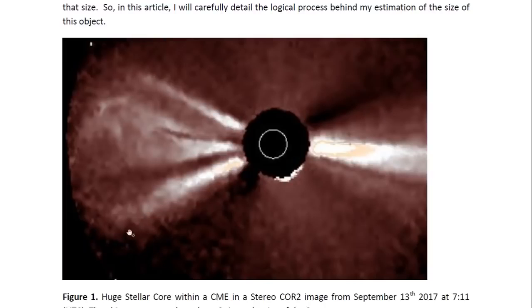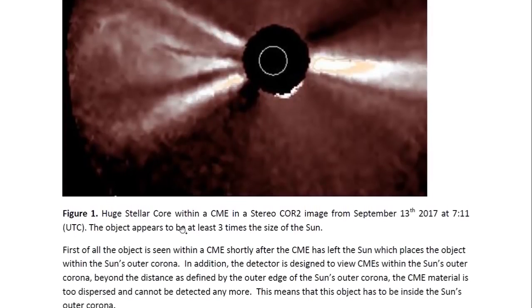As you can see, it looks huge, and this was just an eye comparison, a rough estimate. This is what I used here, comparing it with the size of the Sun as indicated by the white circle on the occulter. It seems to be at least 3 times the size of the Sun. And this is a STEREO A COR2 image from September 13, 2017, in which this object appears actually within a CME.